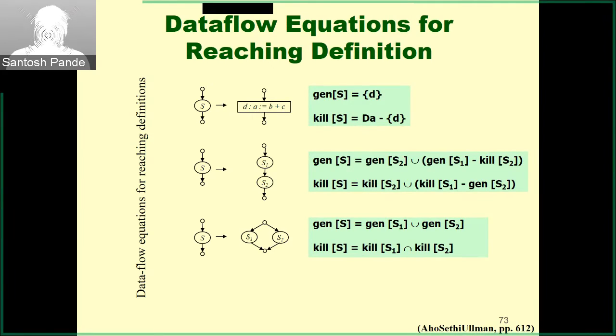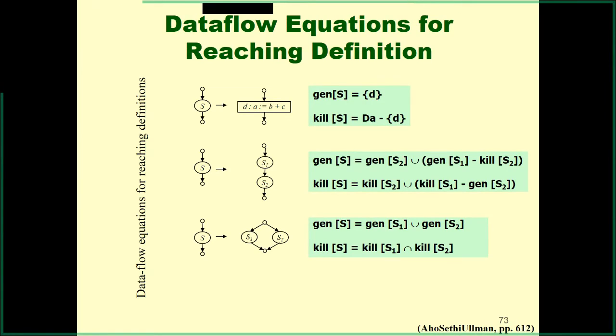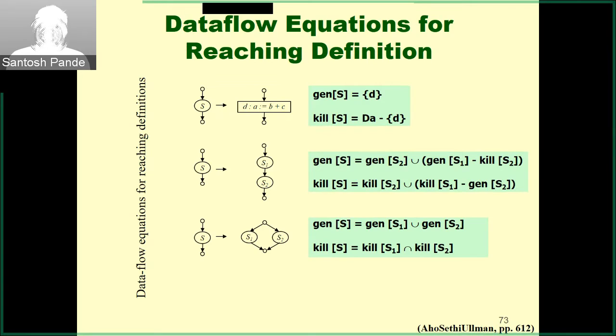So by looking at the kind of data flow analysis that we have at hand, by looking at the structure, we can generate these equations, and then they can work for particular forms of things which come into being. And as you know, typically all the control flow graphs are generated using some programming structures or constructs like these.